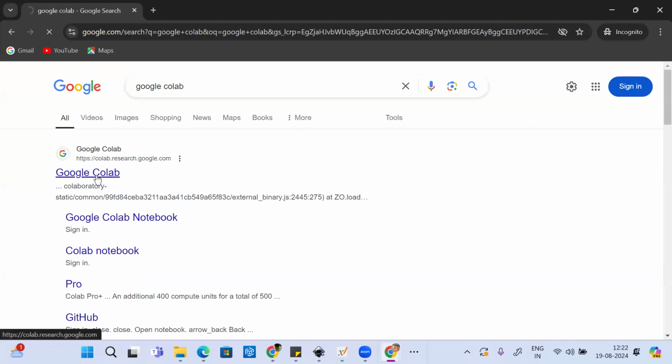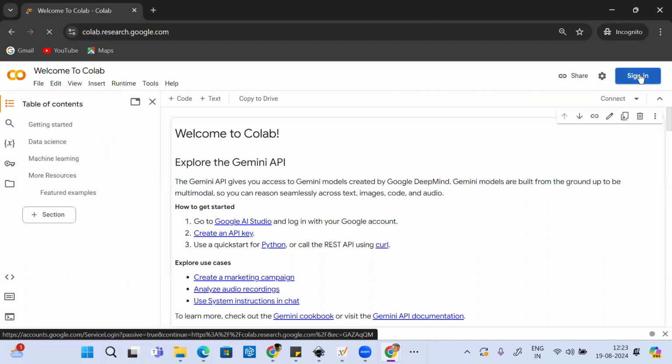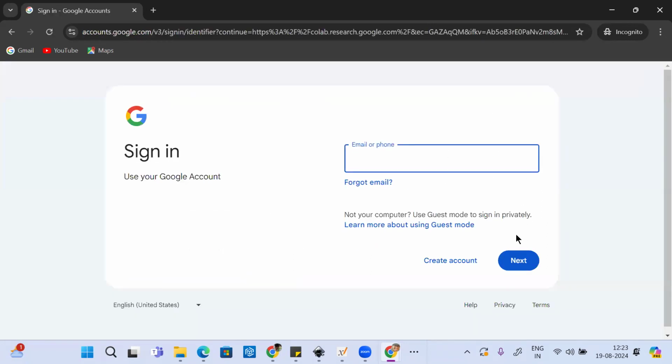Then sign in, just use your mail ID. Then you can create your own notebooks and write your own Python programs there without installing Python also. So I urge you, do this step before coming at 1:30. Everyone got this idea? Just search Google Colab and sign in using your mail ID.